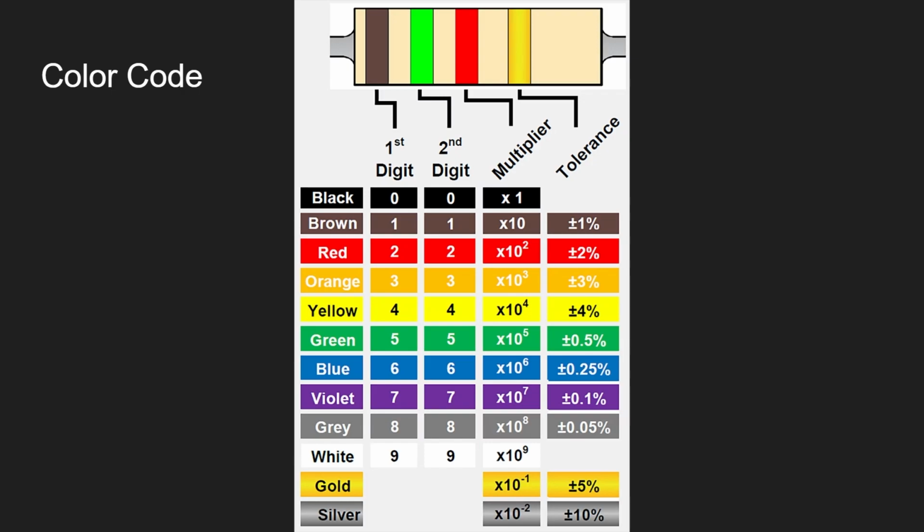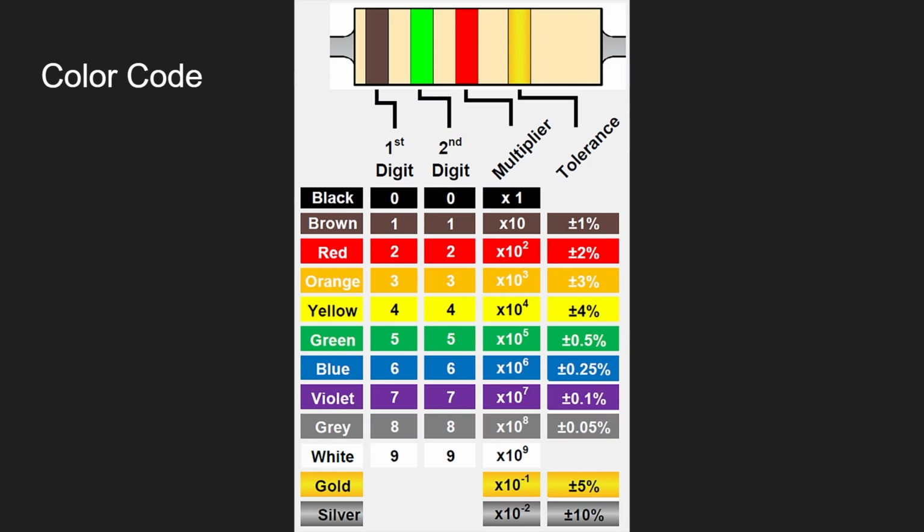The second band is also a digit from 0 to 9. The third band is a multiplier. The multiplier means how many zeros are at the back. For black, you know that it will be a very small multiplier, just multiply by 1.